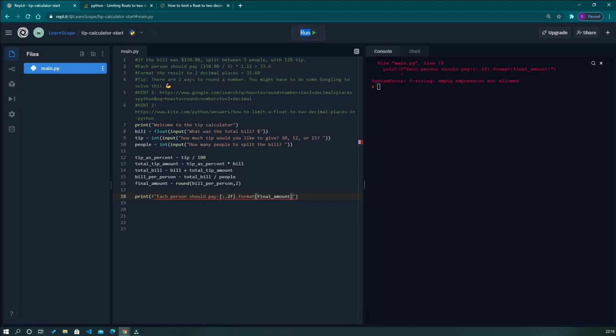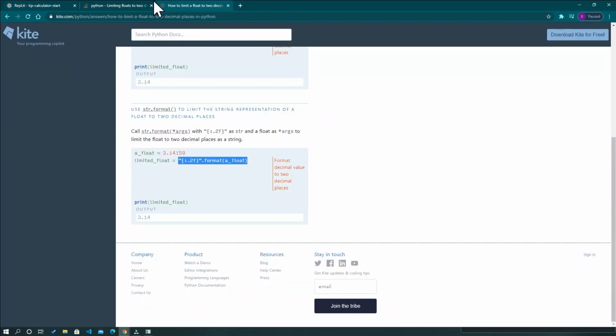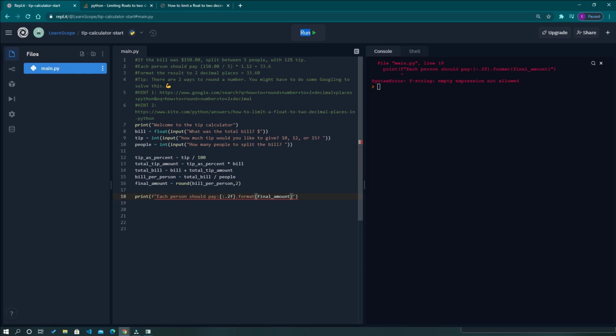Okay. Variable section. Okay, I messed up here. Undo, undo, undo, undo.